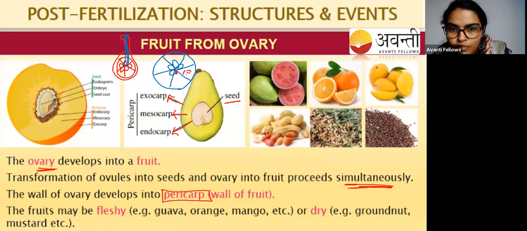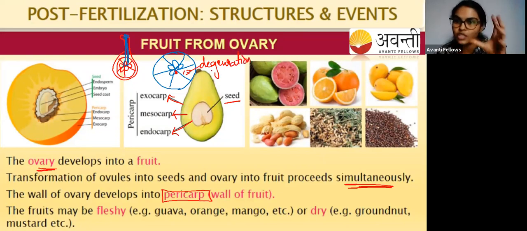The ovule from here will undergo degeneration while the fruit develops, and the ovule that is not fertilized degenerates. Okay, Likit? So this is how the number of seeds differs.